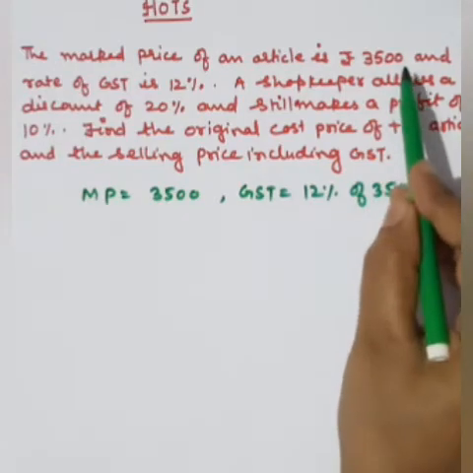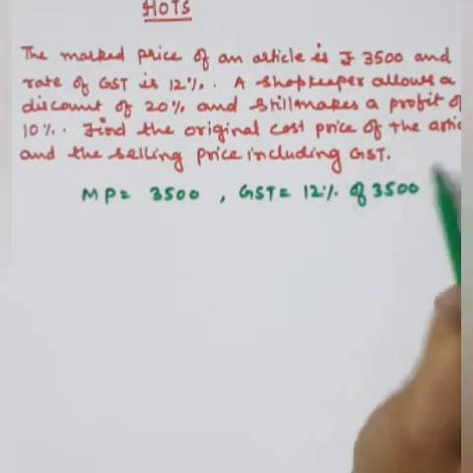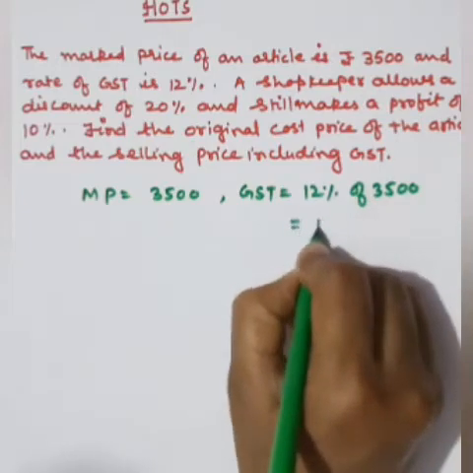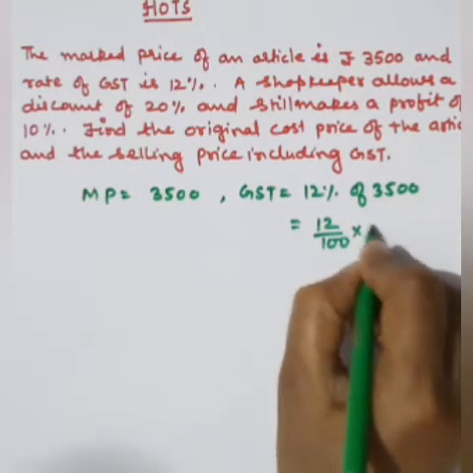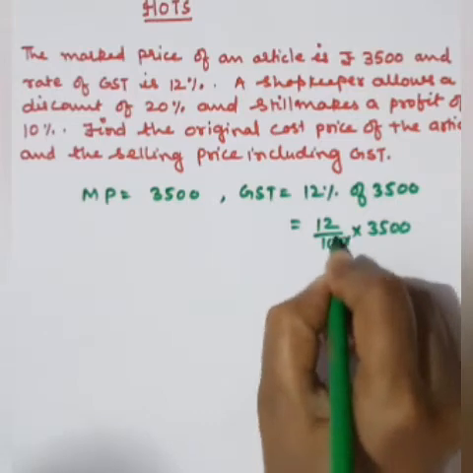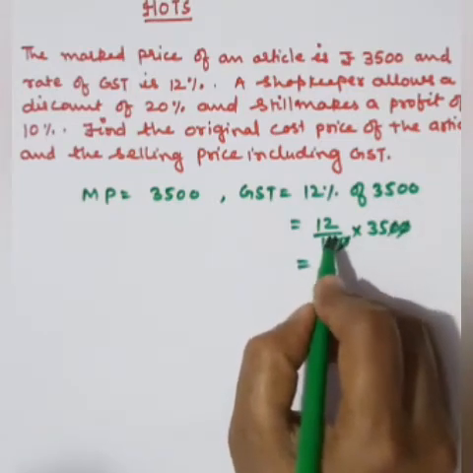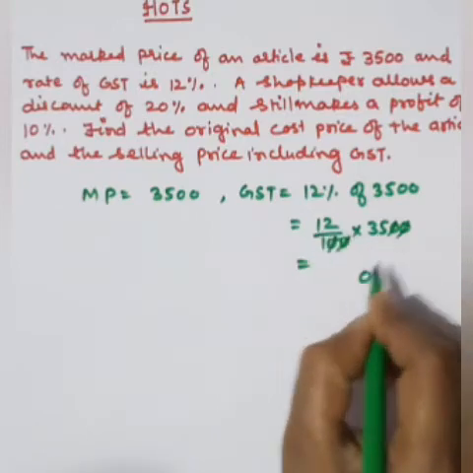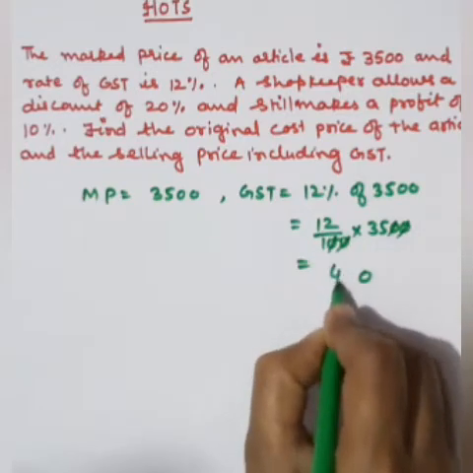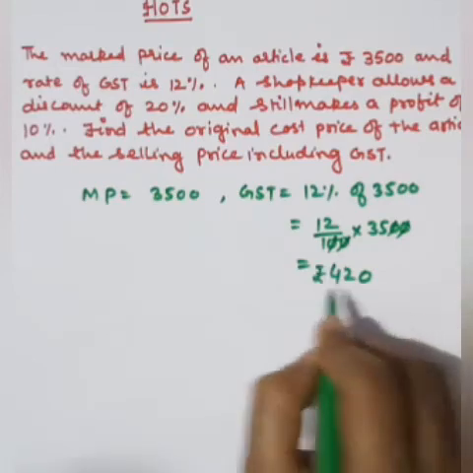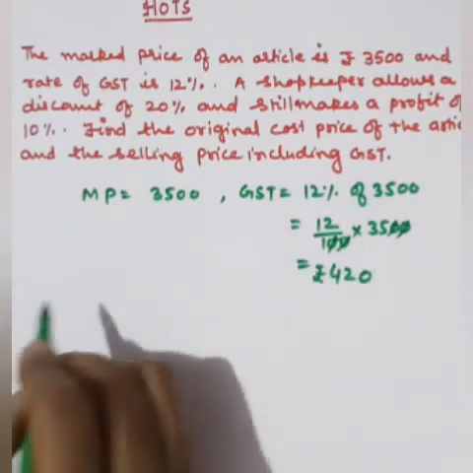Whatever is marked on the article, GST will be taken over that. So that is equal to 12 by 100 into 3500. This is what the shopkeeper will take from the customer. 12 5 is 60, 0 6, 12 is 36 and 6 is 42. So rupees 420 is the GST over 3500.